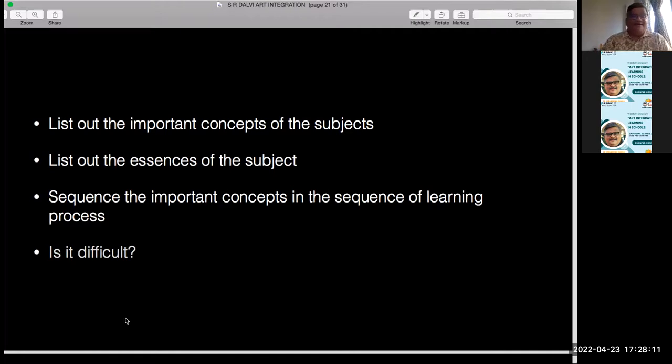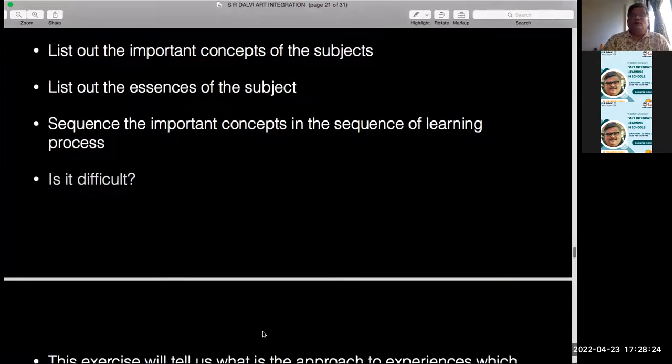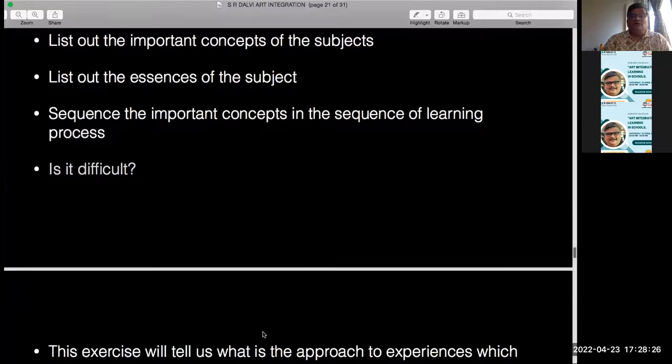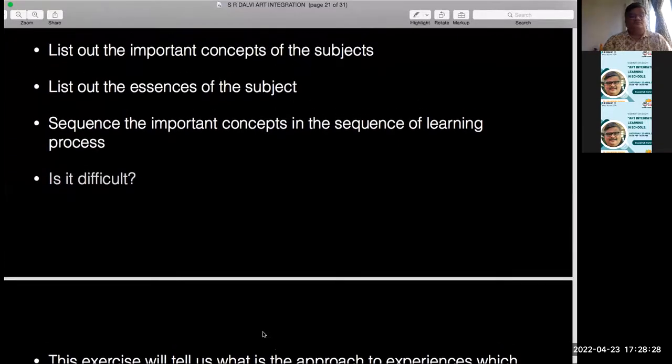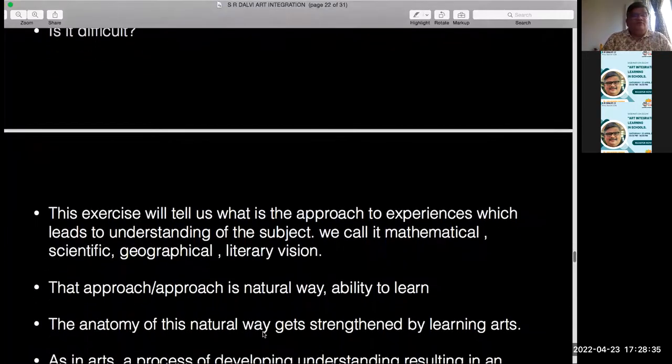I understand. Most of the time it happens like that. I was asking if anybody is an art teacher because then we could have figured out how we can integrate art with it. They would have helped us.